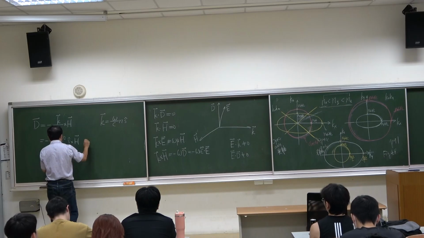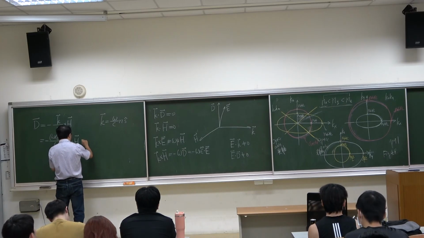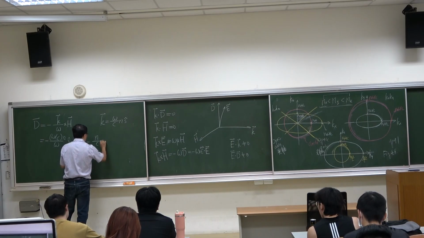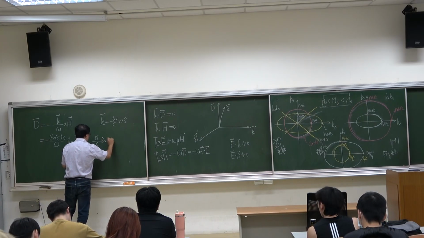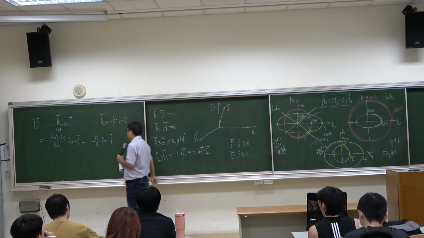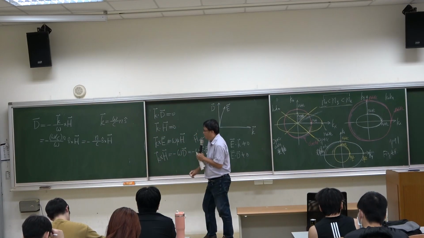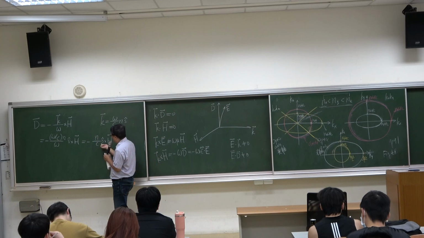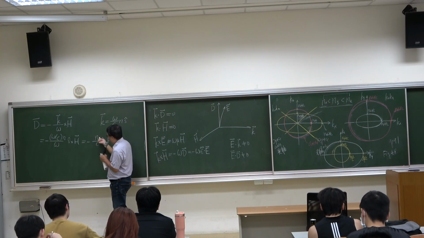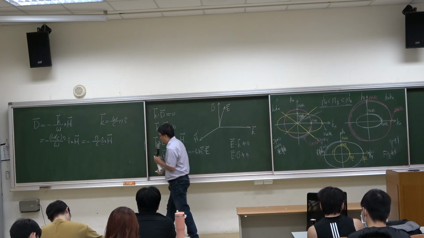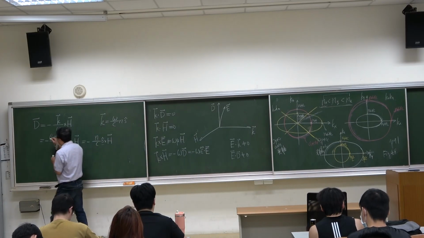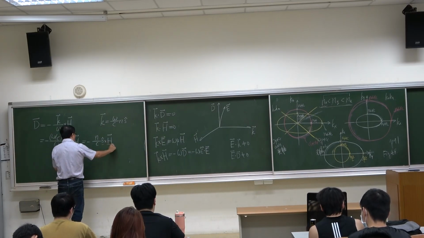So this is minus n over c s cross H. So once you know the propagation direction s and the corresponding refractive index, you can calculate the D vector if you know the H vector.